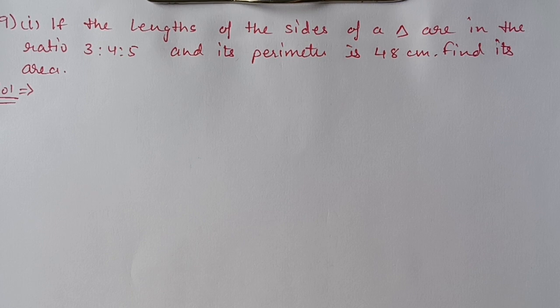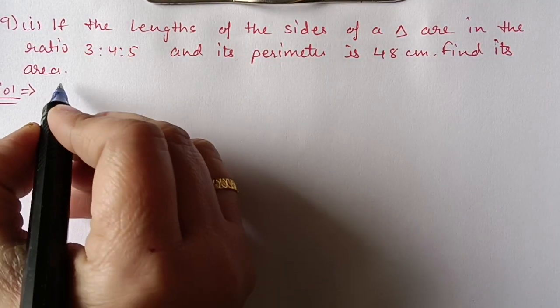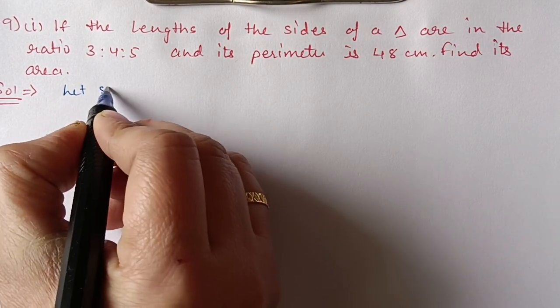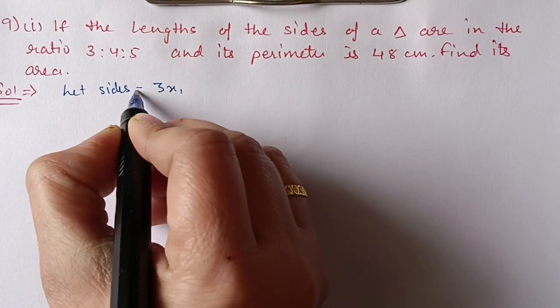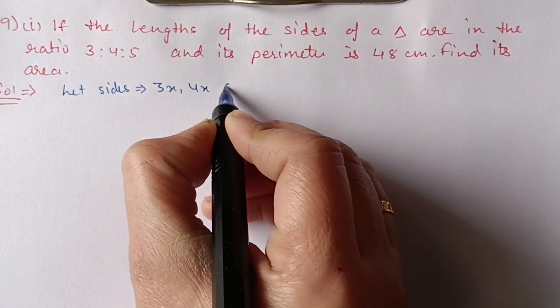Next question number 9, first part. If the length of the sides of a triangle are in ratio 3:4:5 and its perimeter is 48, find its area. So first we will take, let sides are 3x, 4x and 5x.